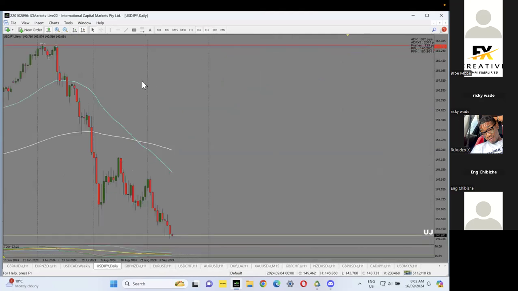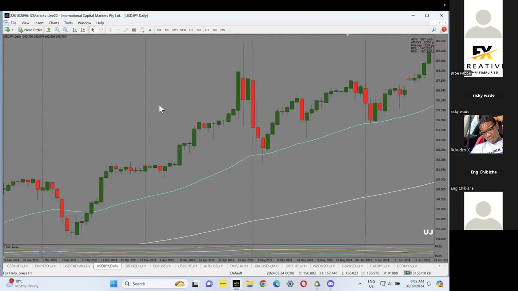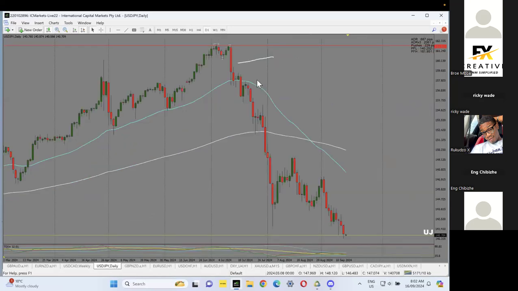Look at how small it is on the D1. Very tiny up there. That's that candle there. But on smaller time frames, it's a huge move because it's in the direction of the trend.